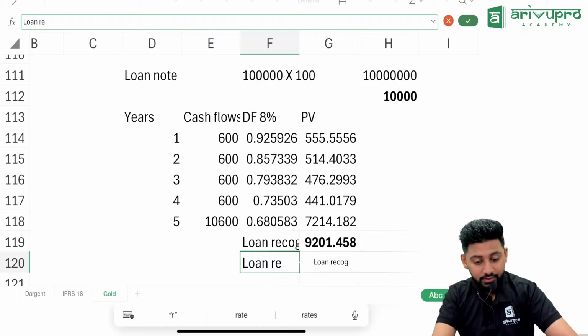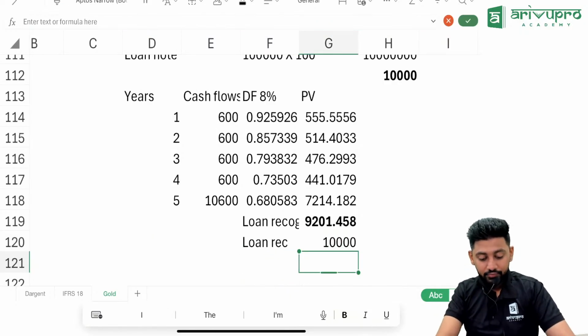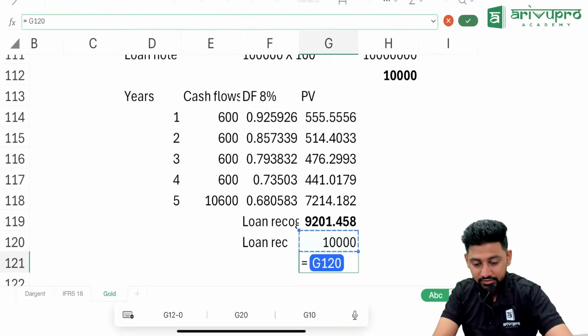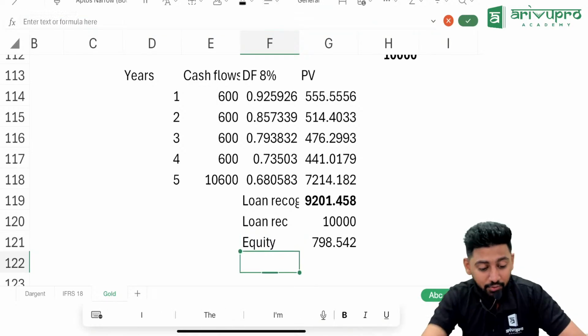Your loan receipt value is how much? 10,000. Therefore, there is a difference of this minus this. You take it to equity. Okay. Is that the problem now?